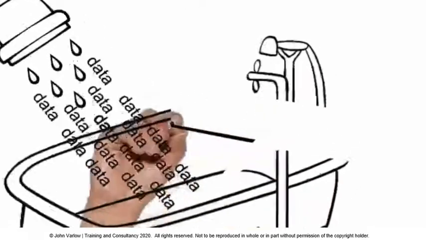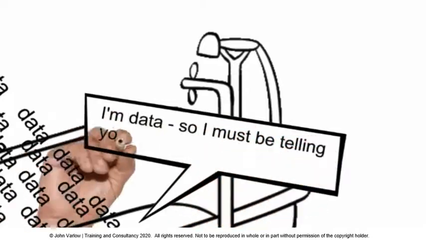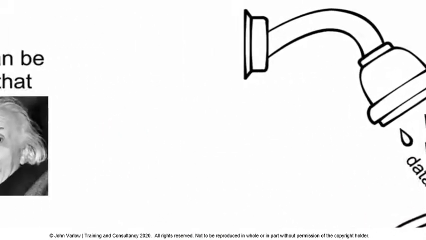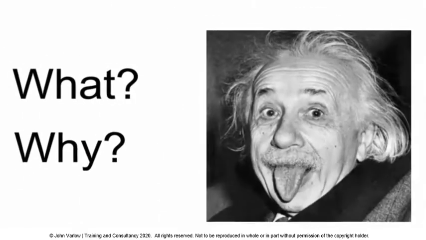And the temptation is to assume that the data is telling us something, and that the more data we have, the less there is that's unknown. But this quote makes the point that there are many important things that you can't measure with data, or certainly not by counting. Data, or numbers, might count the what, but it can never tell you the why.